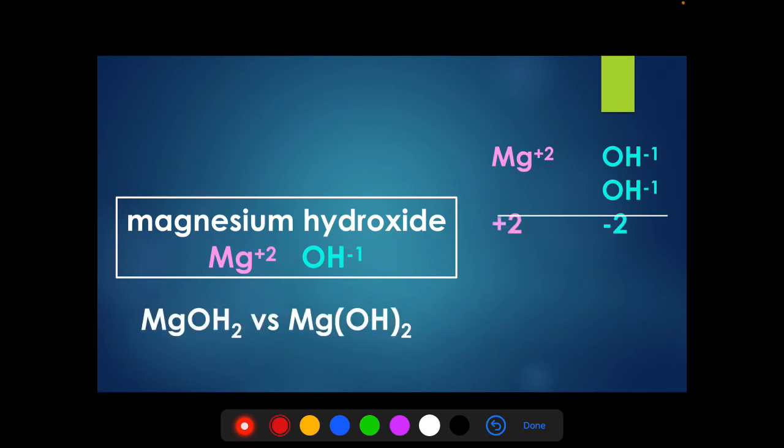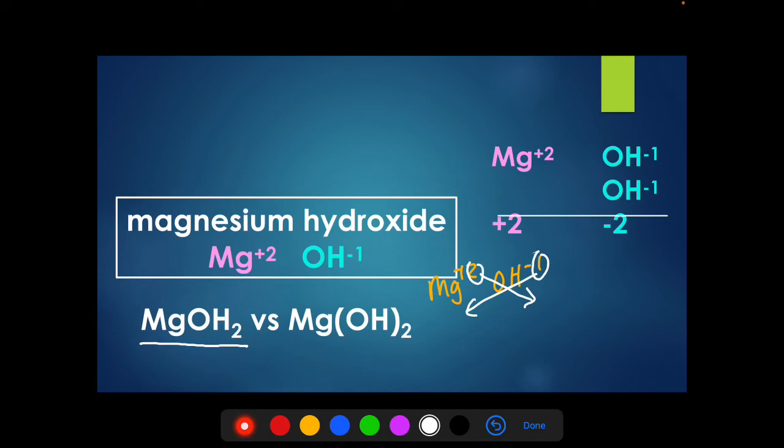So how do we actually do this? Let's look at our crisscrossing. So if we had Mg +2 and OH -1, cross the 1 down here and the 2 down here, and so that would give us MgOH2.